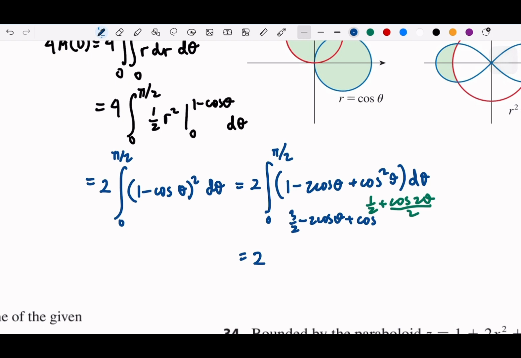Let me write this over here, but I hope you can try by yourself. And then take the integrations. This is 3 over 2 theta minus 2 sine theta, and then plus sine 2 theta over 4.